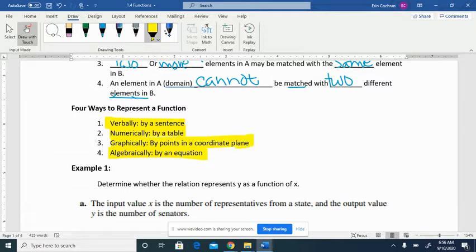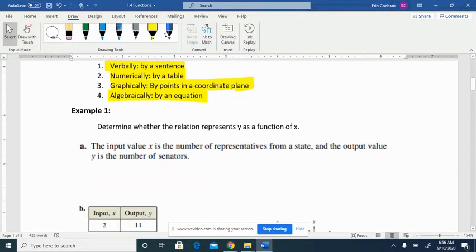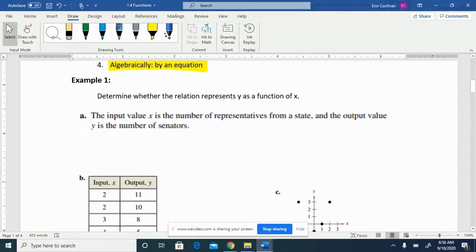Okay. So example 1, determine whether the relation represents y as a function of x. Okay, so the input value x is the number of representatives from a state, and the output value y is the number of senators. This here is a verbal, okay, and this one does represent a function.